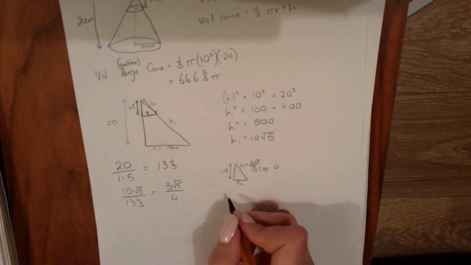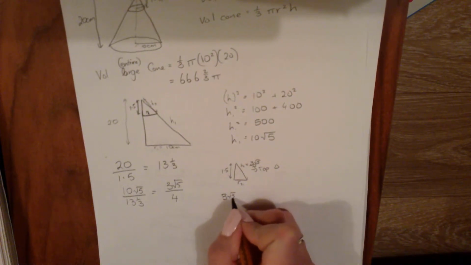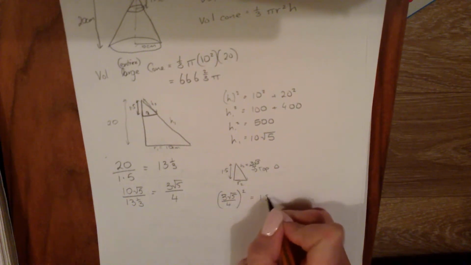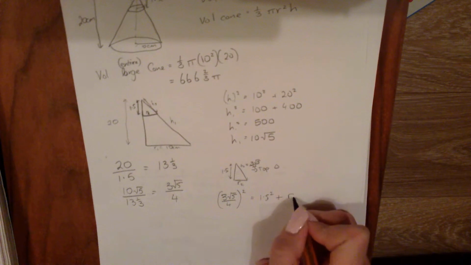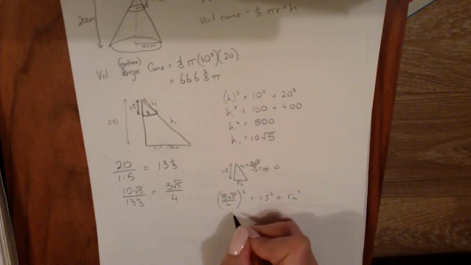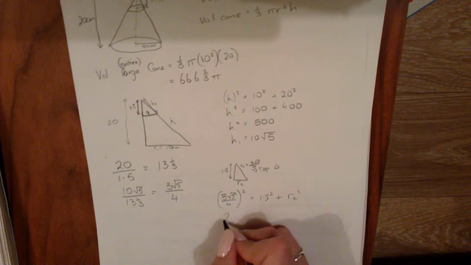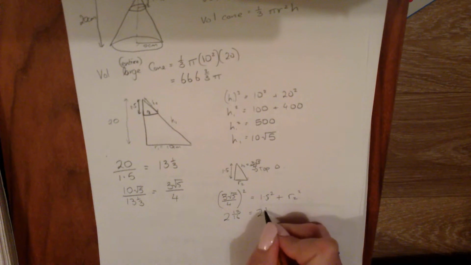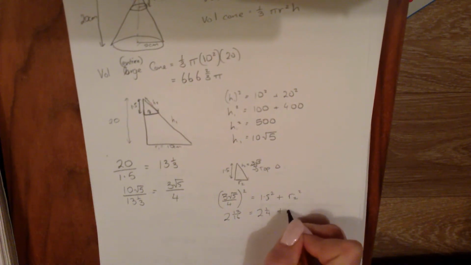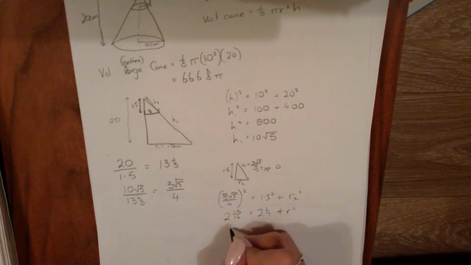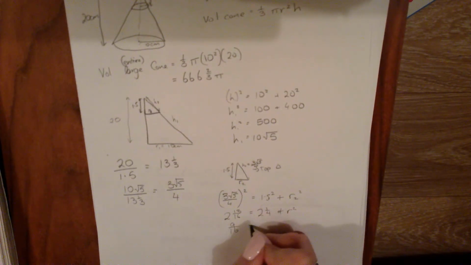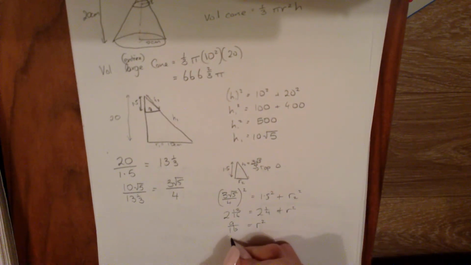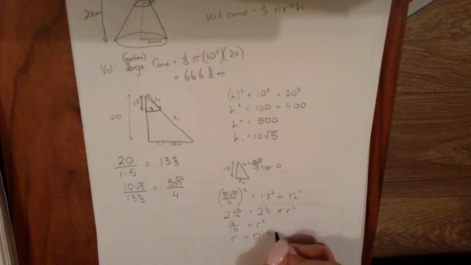So repeating Pythagoras' theorem again, 3 root 5 over 4, all squared, is equal to 1.5 squared plus the second radius squared. So we square that out and we get 2 and 13 over 16, which is 2 1/4, plus r squared. Then we have 9 over 16 equals r squared. And at the end of it all, r equals 0.75.